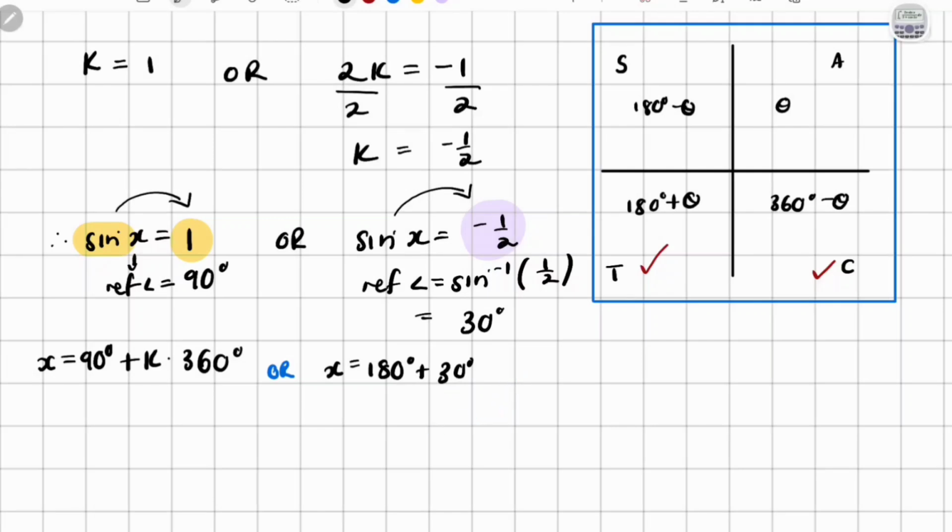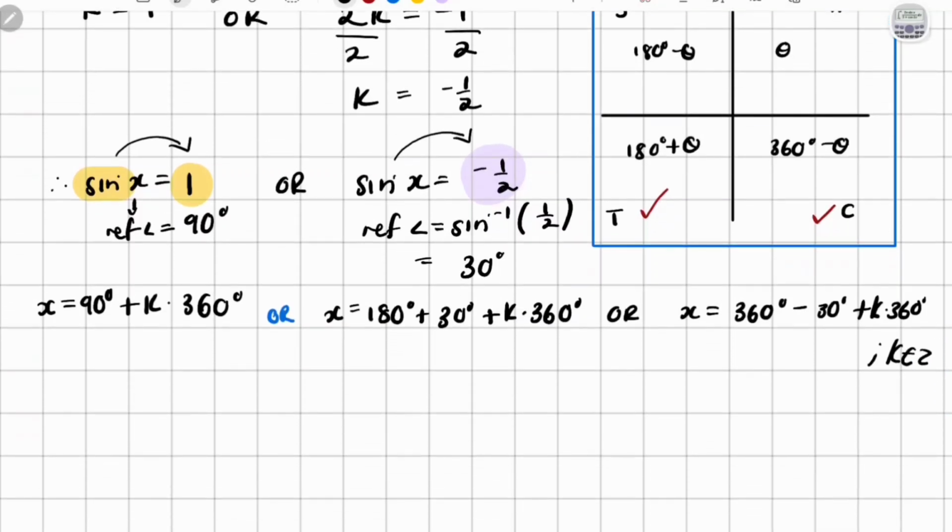Then you still have to say how many times it's going to repeat because it's a general solution, not a specific solution. So plus k of 360 degrees again, or x is equal to 360 degrees minus theta, which is 30 degrees, and again plus k of 360 degrees. Make sure you tell them that k is an element of integers. You just have to say it once so they know what k is.